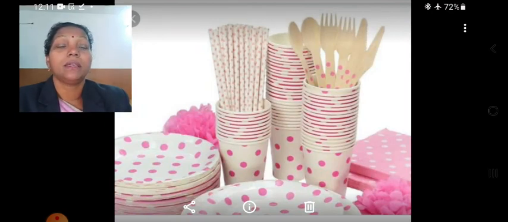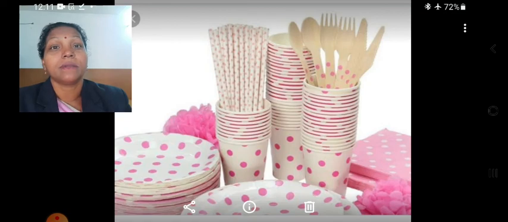We can make different articles, and also tissue papers, paper plates and so many articles of our daily use. These also reduce the problem of waste materials.